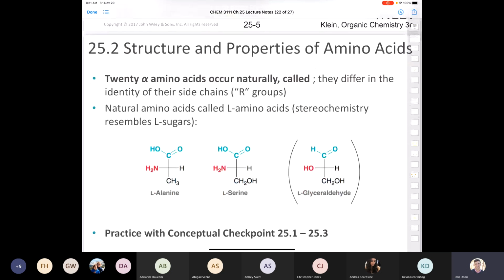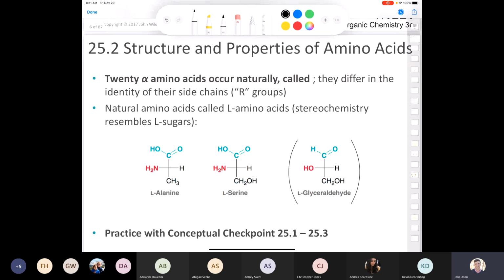Well, what about the structure and properties of amino acids? Again, I told you that there are 20 alpha amino acids that occur naturally, and they differ in the identity of their R groups or their side chains. And so the way that they're going to be named is going to be based off of their R groups or their side chains.